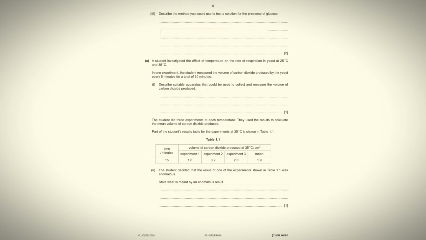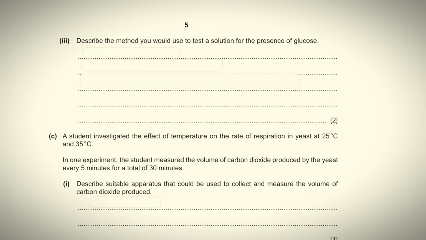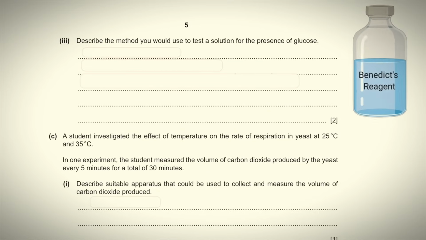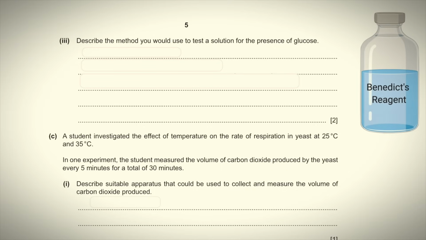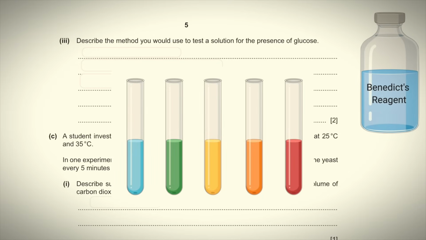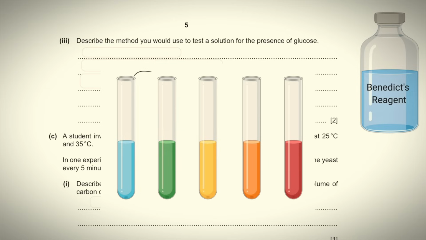Okay? Next, describe methods you would use to test the solution for the presence of glucose. This means they wanted you to use Benedict's test for reducing sugars. And if the result is positive, what color change would you expect? You would expect the blue color of the reagent to change to green, yellow, orange, or red, depending on the concentration.